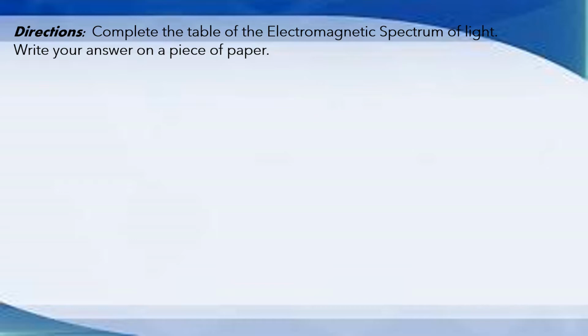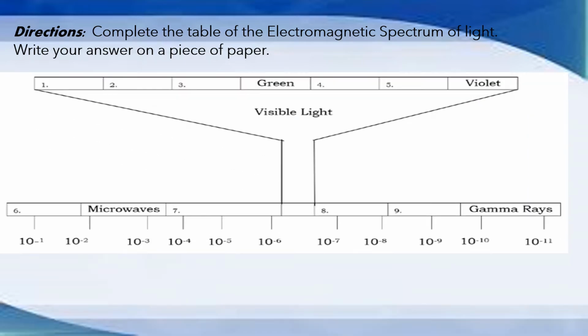Direction: complete the table of the electromagnetic spectrum of light. So write your answer on a piece of paper or in your notebook. Because after that, we are going to check your answer. Okay? So one minute to do this. You may now start.